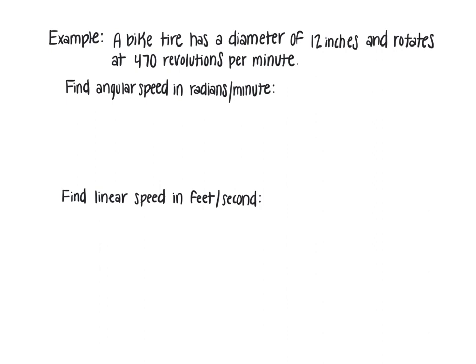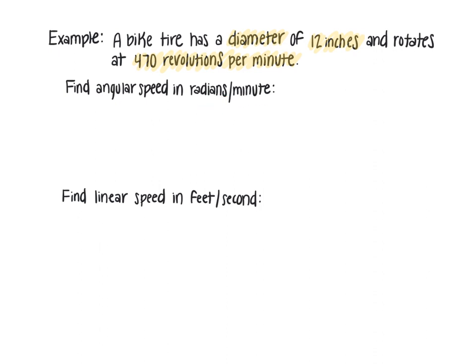Here we have a bike tire that has a diameter of 12 inches and rotates at 470 revolutions per minute. I'm going to take a quick second and highlight important information in the problem. Diameter, 12 inches, rotates at 470 revolutions per minute. The first question is asking me to find angular speed in radians per minute.